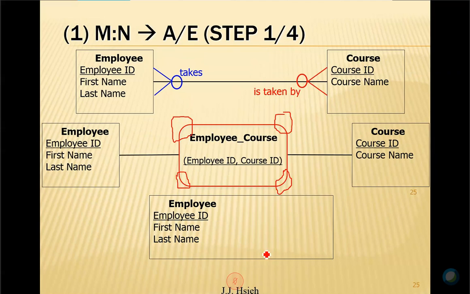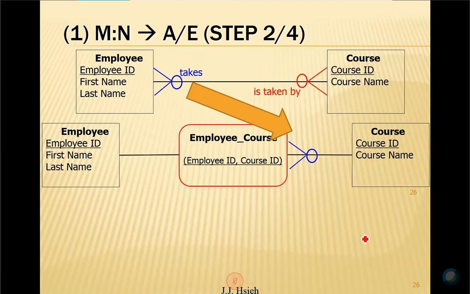And then the next step is that we need to determine how to move the cardinality of the two relationships on the right hand side and the left hand side. I'm going to shift to the next slide, 26. So you move the cardinality on the left hand side to the right hand side of the associate entity.